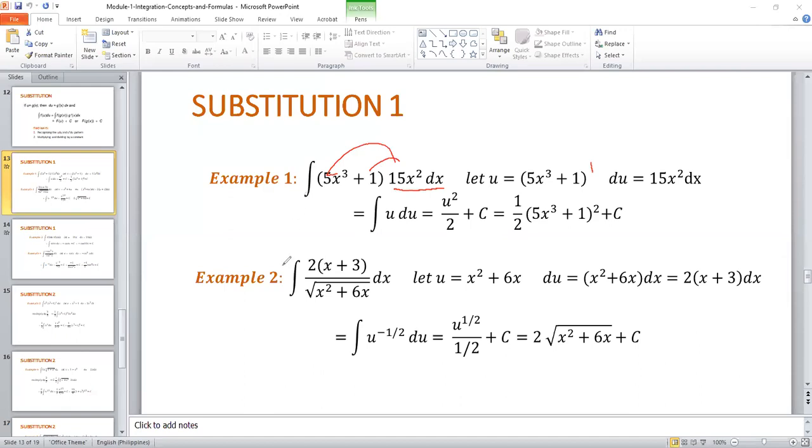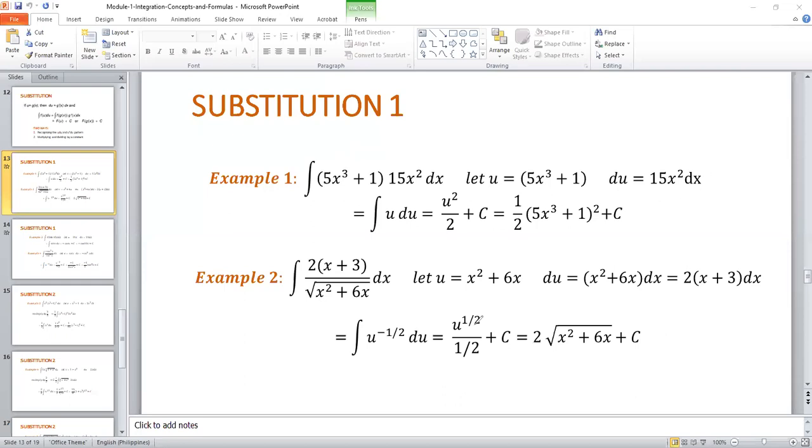That's only okay, class, if you can use power rule in the resulting expression. What if power rule cannot be used anymore? Then you will really have to resort to substitution the way it's presented here. Any question to number 1? Okay, none. So we go to number 2.